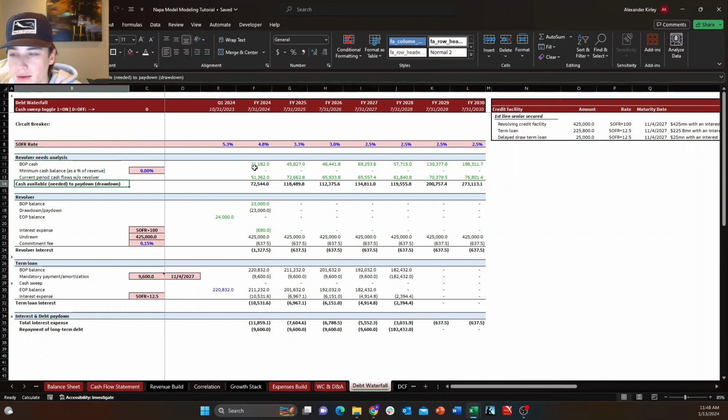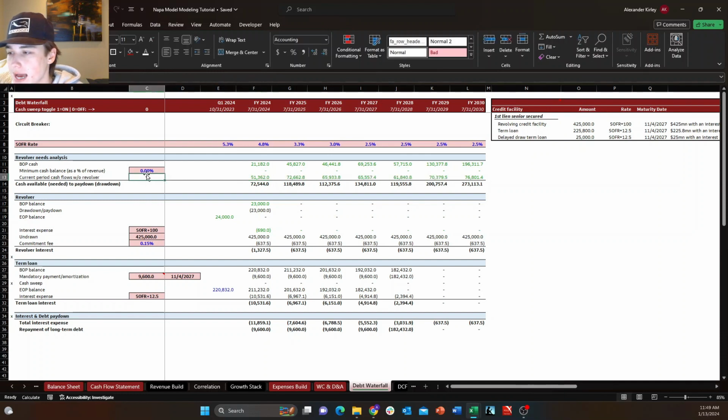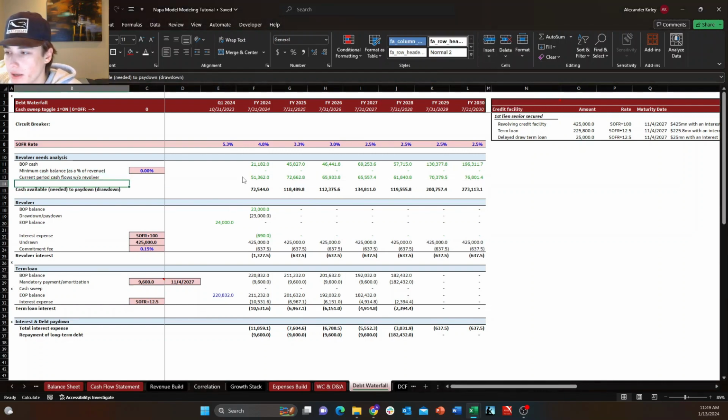Before we do that, one thing I want to get into is this equation here that is referencing our cash flow statement. So this is our cash flow from operations, our cash flow from investing, and the sum of the cash flow from financing. What I'm going to do is actually alter this.